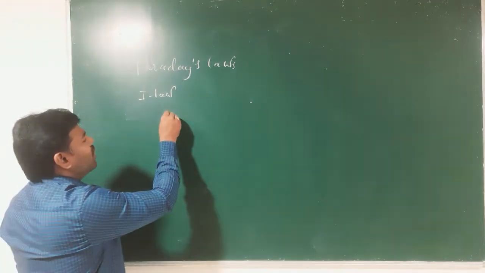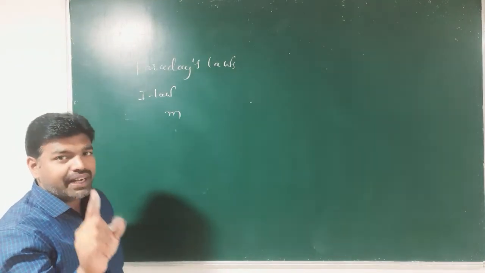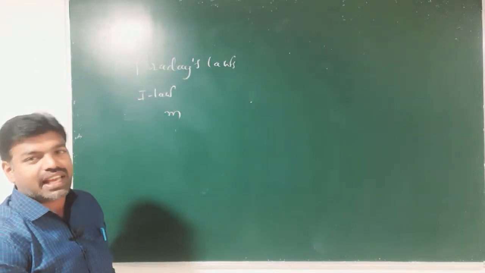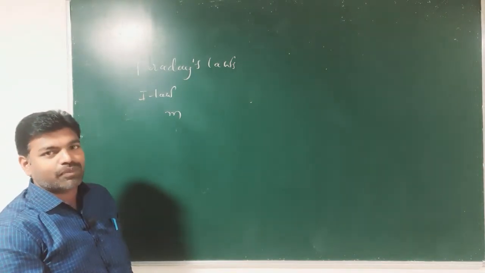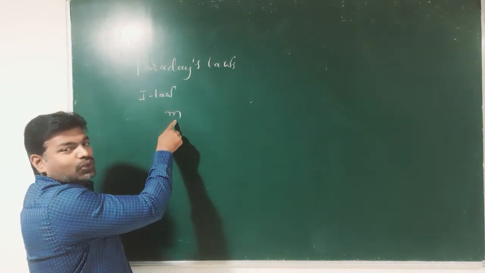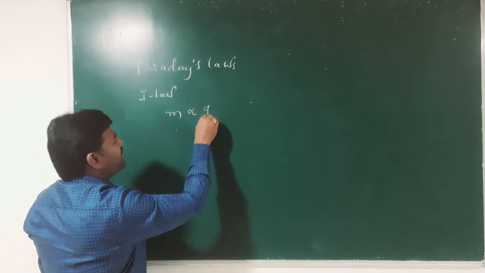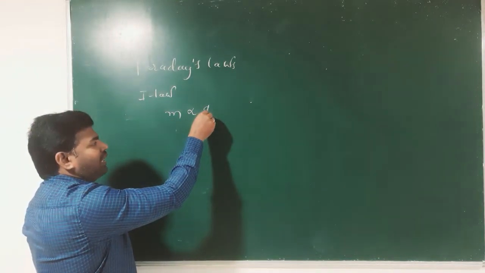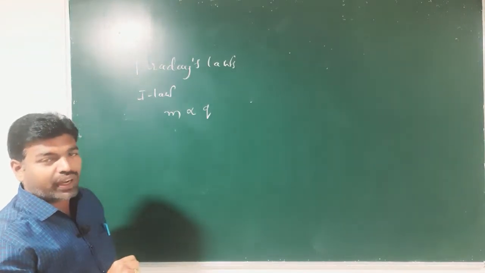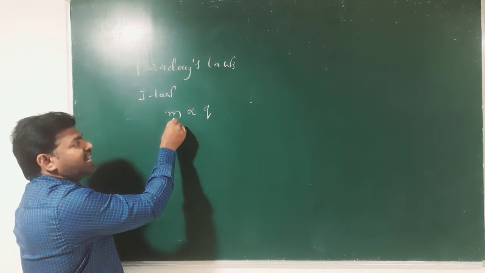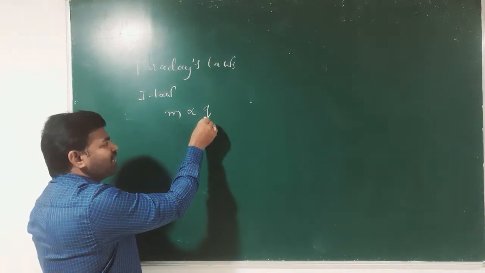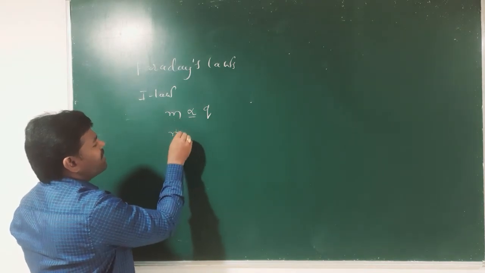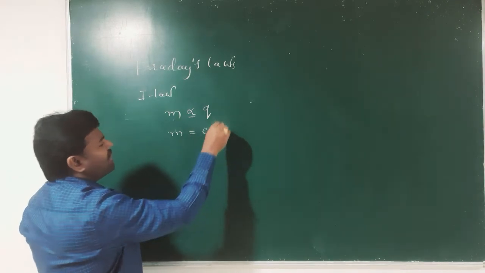The mass of substance deposited or liberated at an electrode is represented by M. The quantity of electricity is represented by Q. So if we remove the proportionality, M is equal to some constant E into Q.